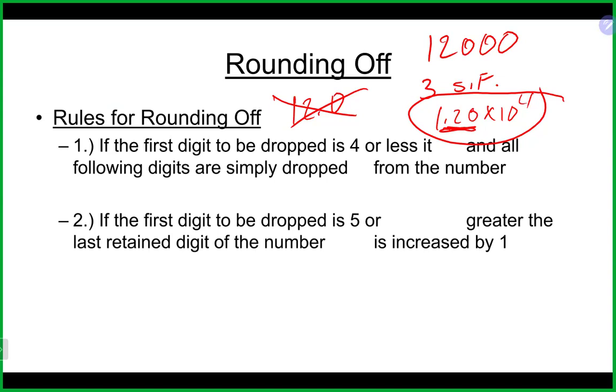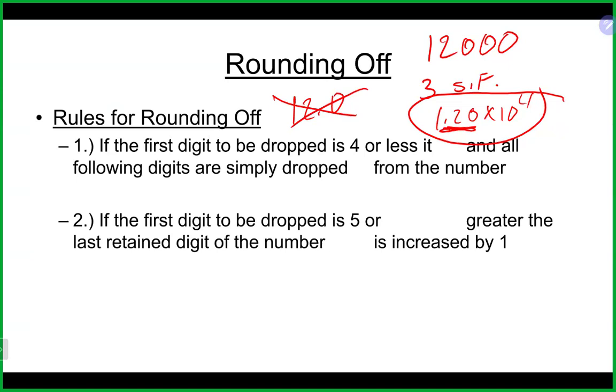You could write 12.0, but that's not going to do it for you. You could do 120 with a point at the end. Also 3 significant figures, and 120 is better, but still not $12,000, right? So not the same meaning. There's no way in decimal form that you could turn 12,000 into 3 significant figures and still maintain the proper meaning of that number without changing it into scientific notation. So keep that in mind.